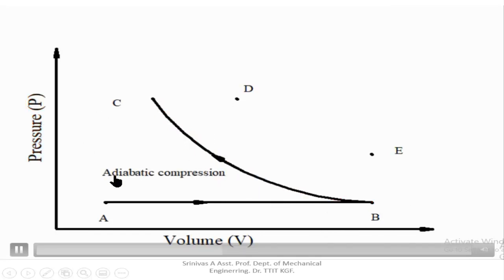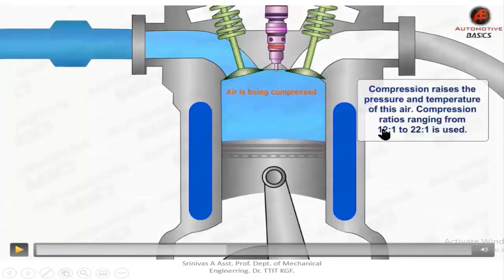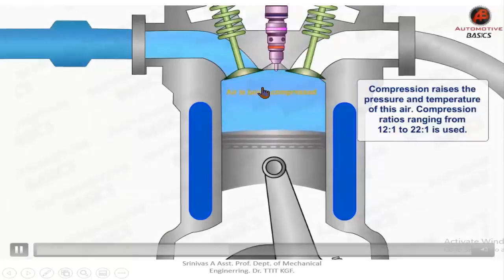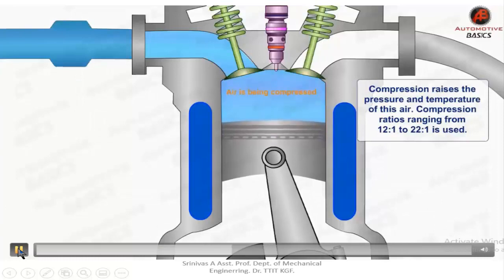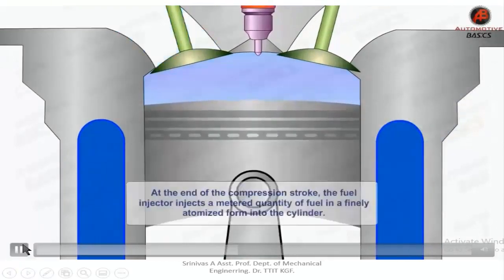This process is known as the adiabatic compression process. Normally the compression ratio in a diesel engine is 12:1 to 22:1. Because of this high compression ratio, the air is compressed to high pressure and temperature.